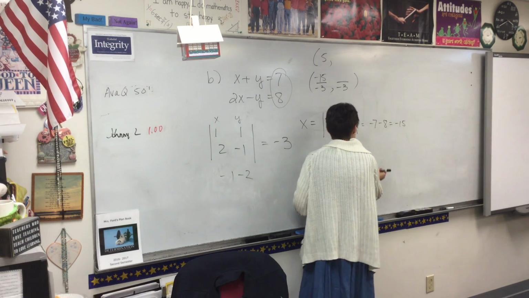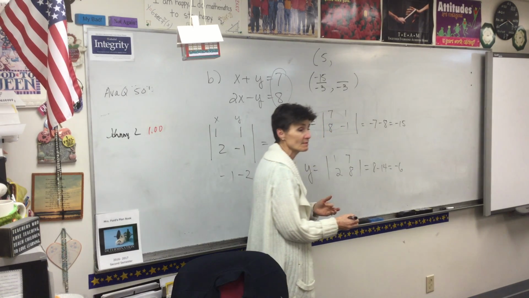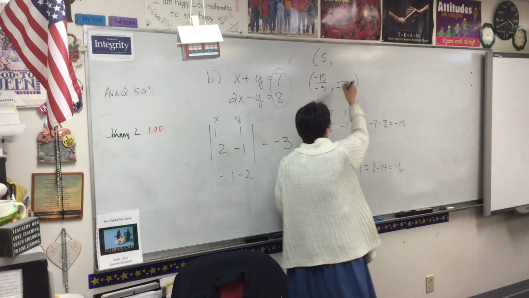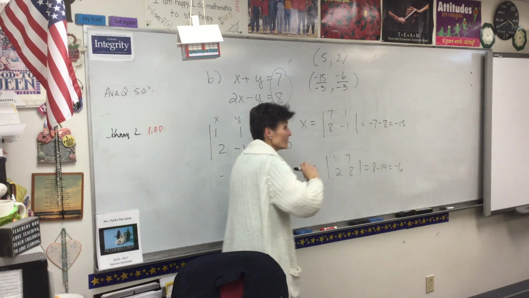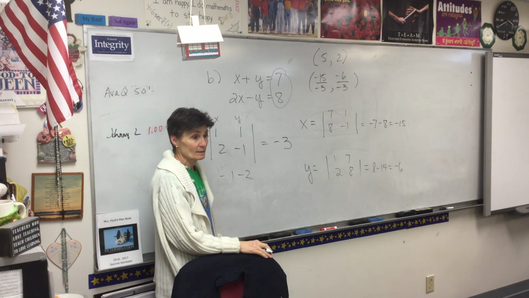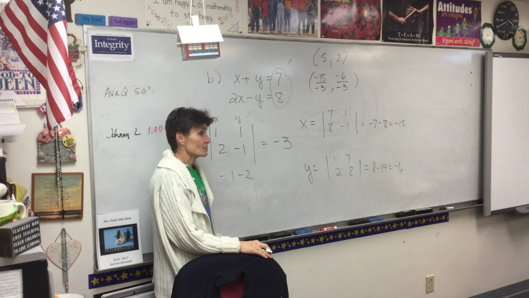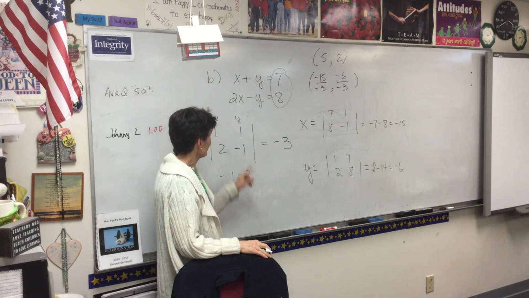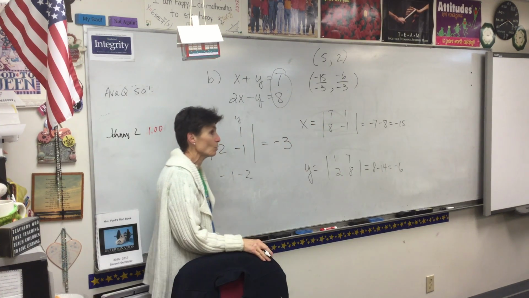Answer will be 8 minus 14, negative 6. So that goes here, which means my y value is 2. And the answer to the problem is 5, 2. So when I grade your paper, I'll be looking for that determinant, and that determinant. That's the work.